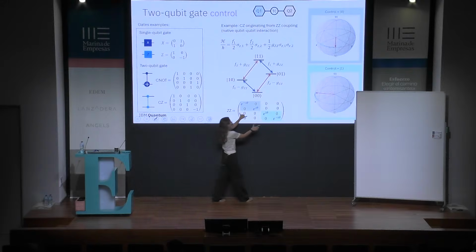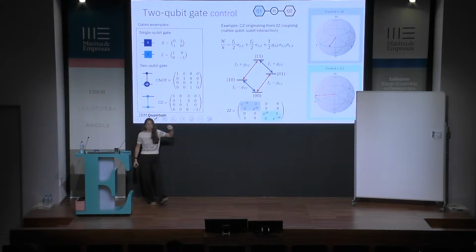So let's say these submatrices correspond to the target qubit, depending on the control being in 0 or the control being in 1. There are rotations in the block around the Z-axis that are conditioned on the state of the control qubit. And this is already very similar to what we want for a controlled Z gate, right? It's a rotation around the Z-axis that's controlled based on the state of the other qubit. It just looks a bit different because of the directions.